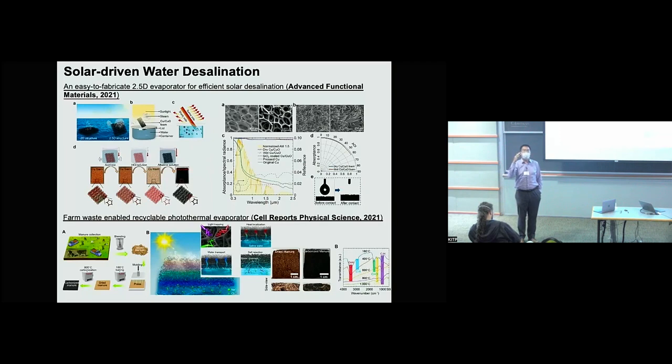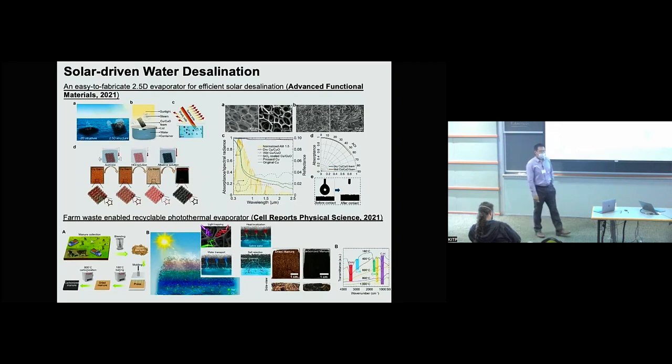So it makes a 3D application, but it's not a 3D structure, so we name this one 2.5D. And you can see the benefit here. We have more surface here, and only a really small area in contact with the water. So water can be easily transported from the bottom of the porous structure to the top.